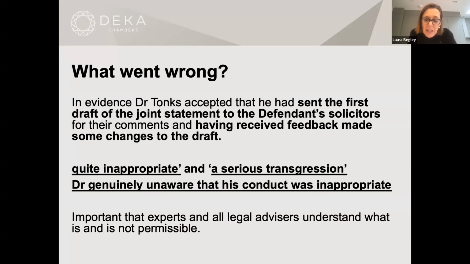And the judge considered that he had not crossed the line into inappropriate advocacy or partisan evidence, which you've just heard about from Kerry, some examples of earlier. So even though he hadn't transgressed that badly, what he'd done was still a transgression of the rules, and his conduct was judged to be inappropriate.